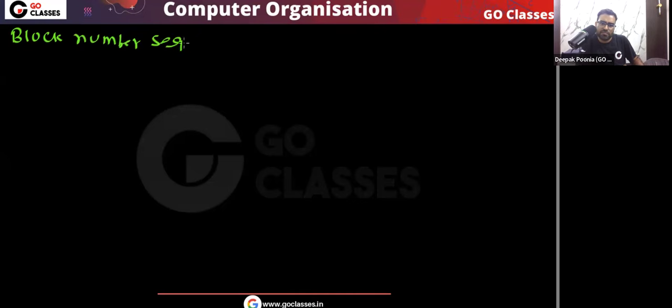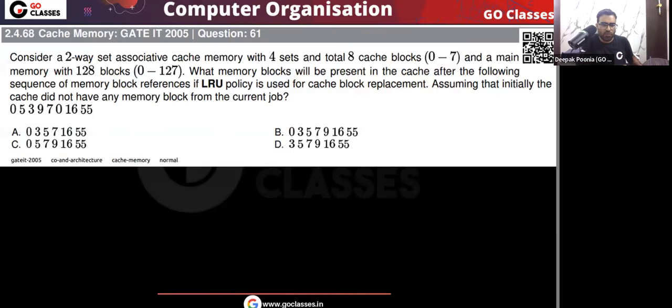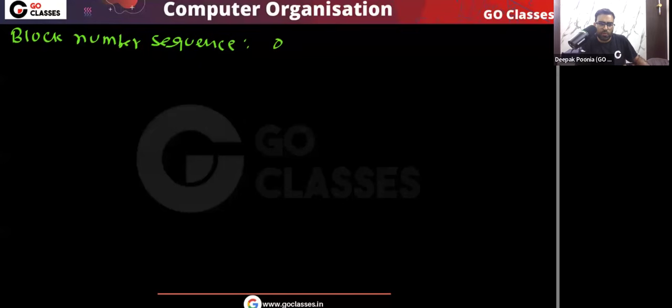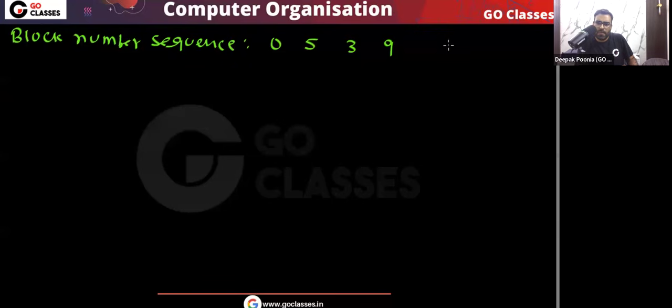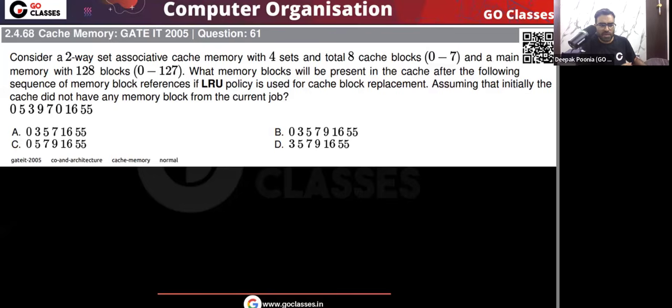That is 0, 5, 3, 9, 0, 5, 3, 9, 7, 0, 1, 6 and 55. So these are the block numbers that we are referencing in this sequence.